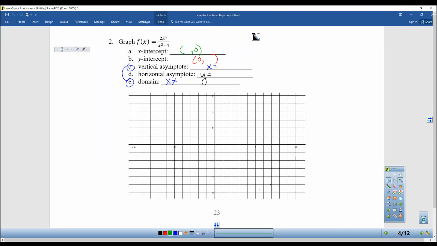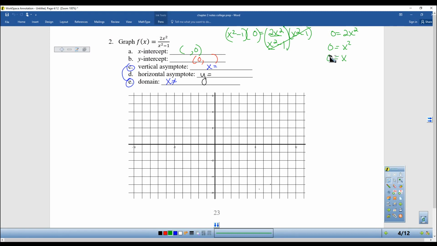X intercept, let the y be equal to 0. I clear the fraction. And I get 0 is equal to 2x squared. Now, you don't really have to divide by 2 and then square root.